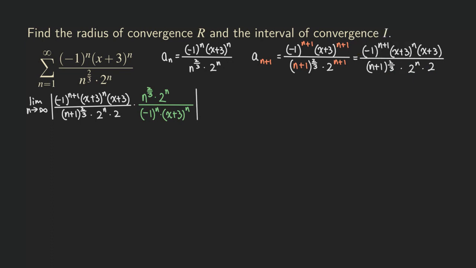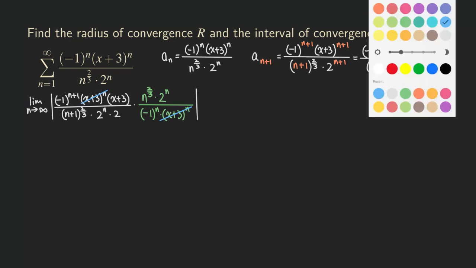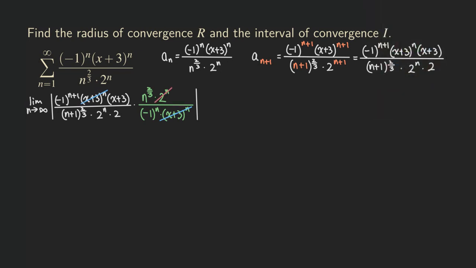So let's start doing the calculation right here. There are a lot of things that can get canceled. We have the x plus 3 to the n and x plus 3 to the n; those will get canceled. And then 2 to the n and 2 to the n will get canceled. I should also mention one more thing: the -1 to the n and the -1 to the n plus 1, when you cancel them, you are just going to get a -1 inside the absolute value.